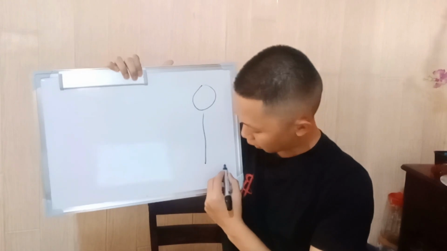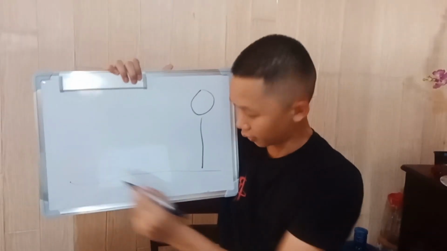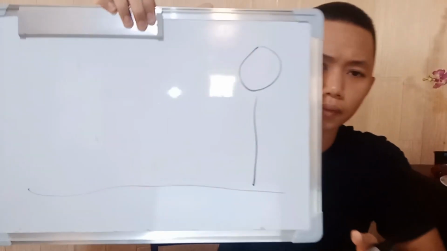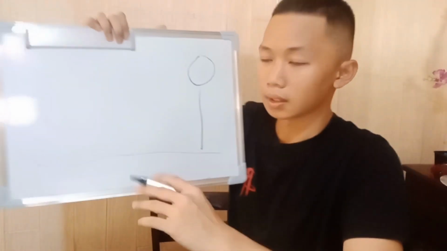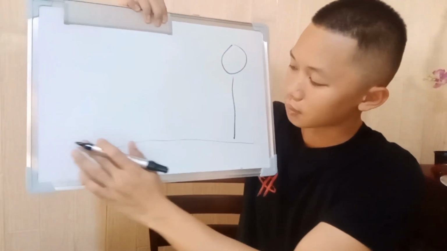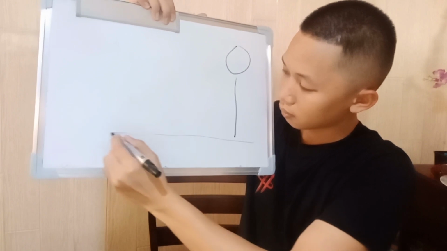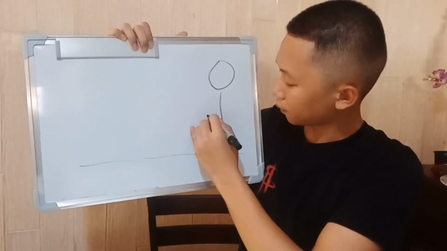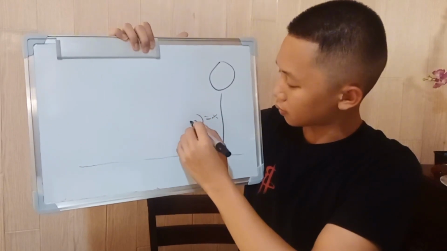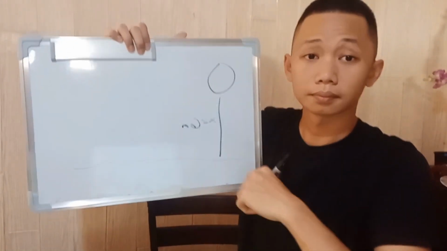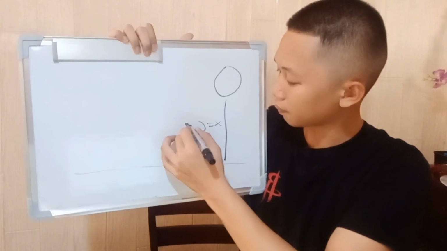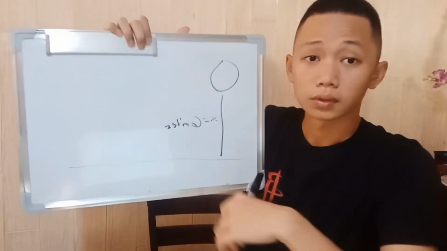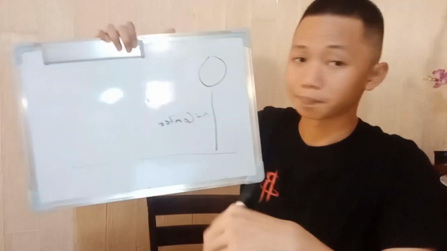So let's say this is the ground. I don't know if you can see there. I'm sorry if it's not straight. It's the ground, right? So it says that it's flying at 6 miles.